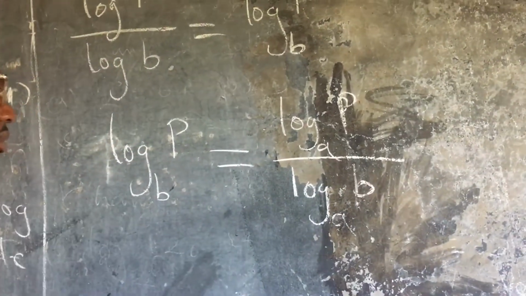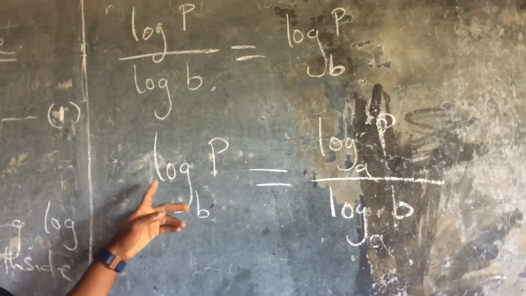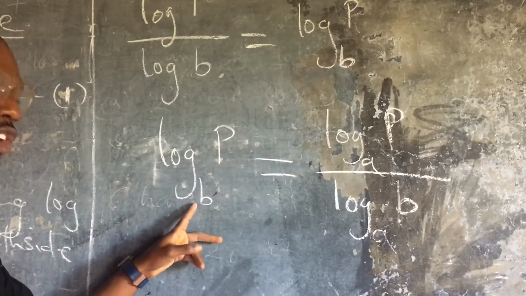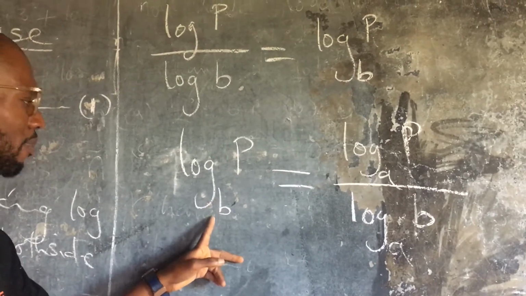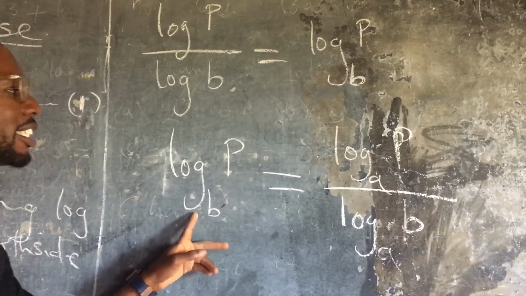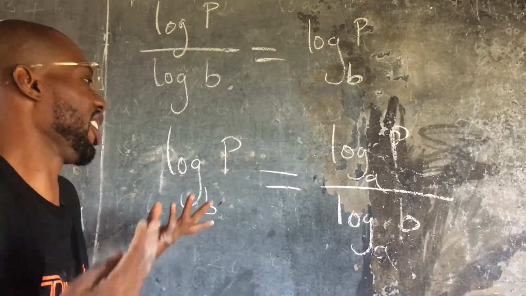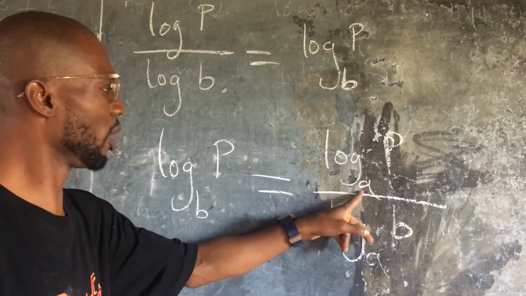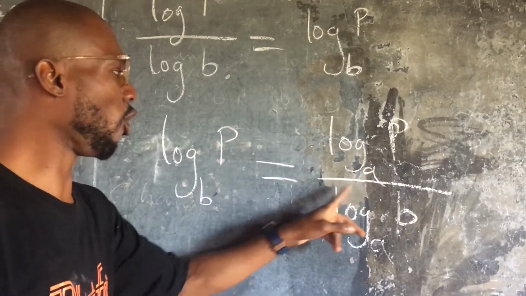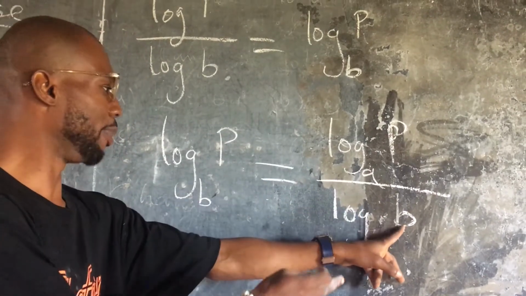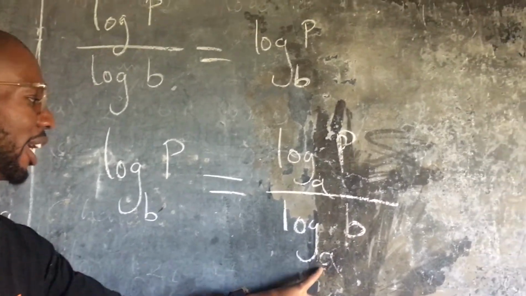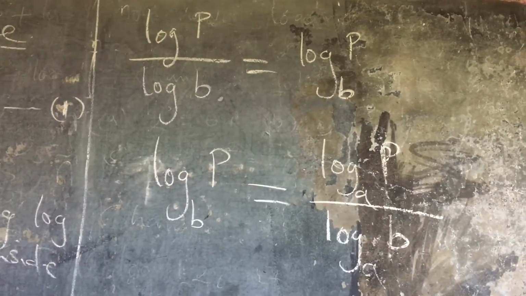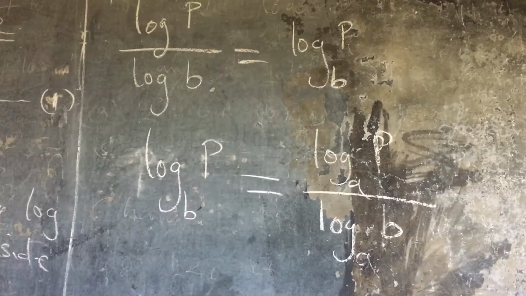So if I have log of p to base b and it is not convenient for me, I can change this base. I will just take the base that is convenient for me, like base 10, and take log of p to that base over the log of b to the same base. I hope that sinks in well. That's how we change base in logarithms.